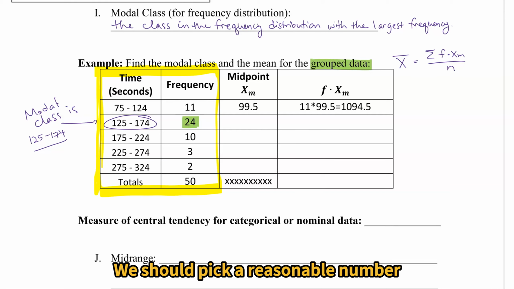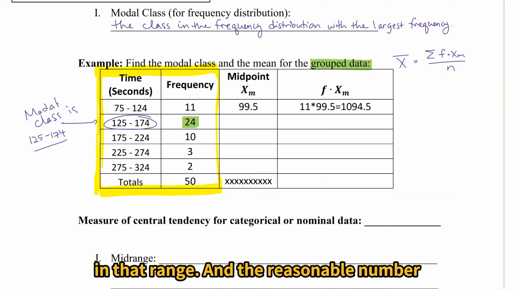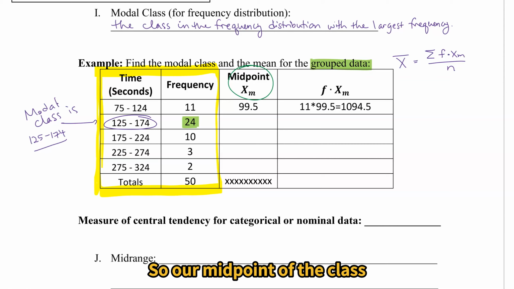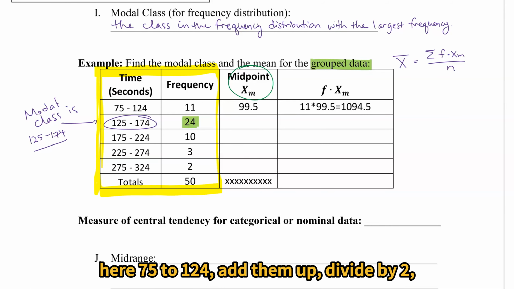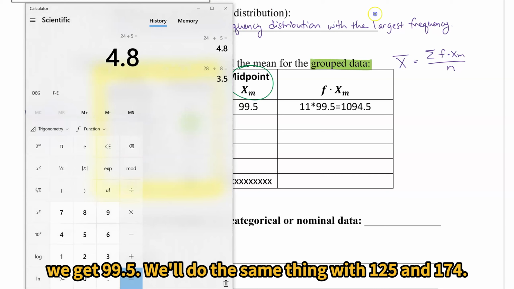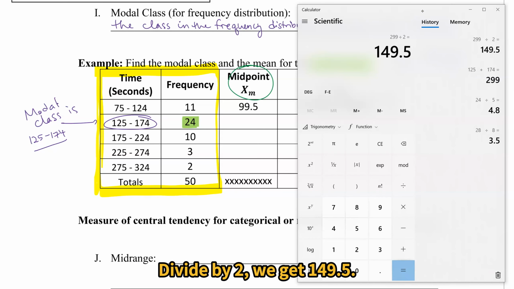We should pick a reasonable number in that range. And the reasonable number that's settled on is the midpoint of the class. So our midpoint of the class here, 75 to 124, add them up, divide by 2, we get 99.5. We'll do the same thing with 125 and 174. Divide by 2, we get 149.5.